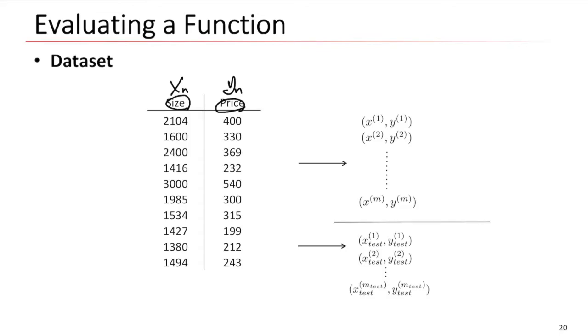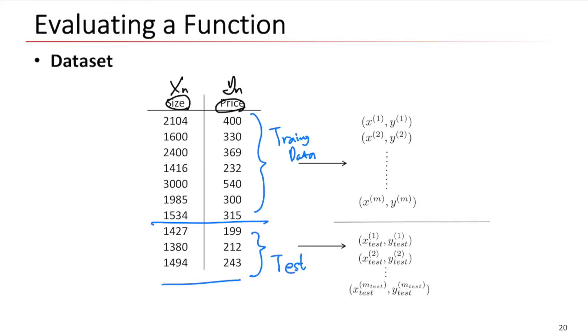But compared to the previous one, in this case we want to divide our samples. We can use these samples as training data, and we can use the remaining ones as test data.